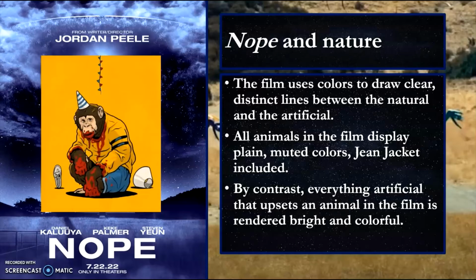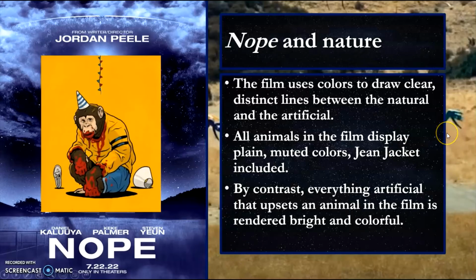So all of the animals have muted colors, even like the animals on Antler's monitor, where he's editing that footage to make a spectacle, right, out of animals. The animals in the footage are in black and white, so everything artificial is colorful in the movie, and everything natural is not colorful. So it's really making a clear, distinct line between the natural and the artificial.